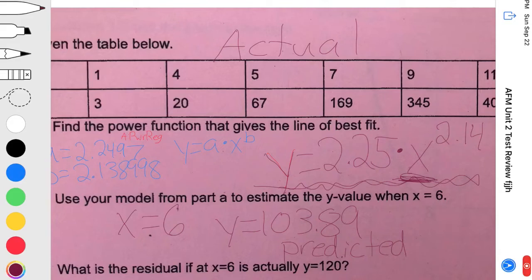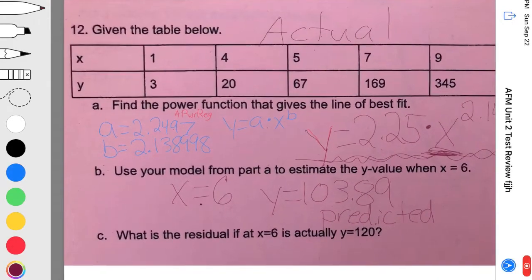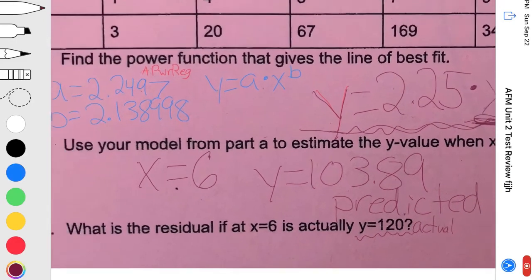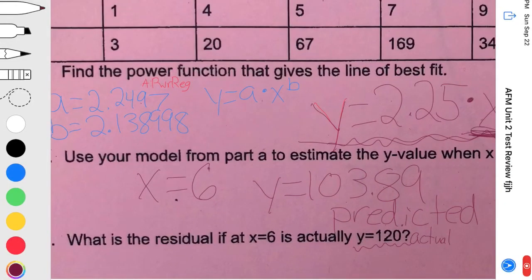I had to find that 103.89, but what is given is the actual. So when we get to C, our y equals 120 is actual. So when we find our residual, it is our actual points, subtract our predicted points.